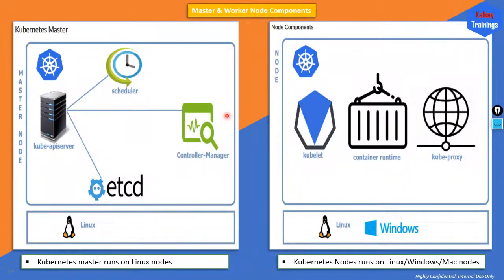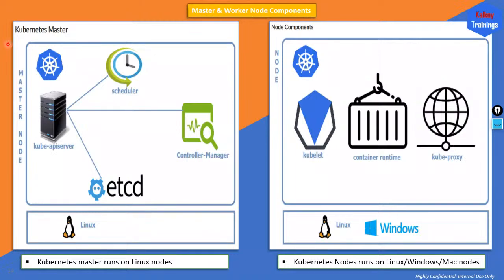But you always have the master on a Linux server, because the master should not be on Windows, as it has to run day in and day out with availability almost 100%.